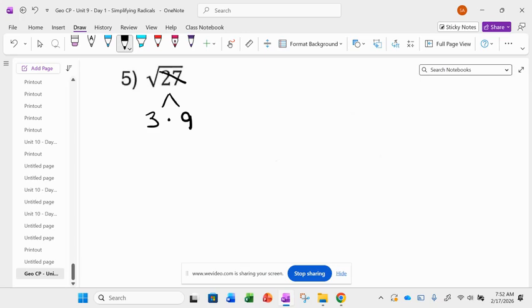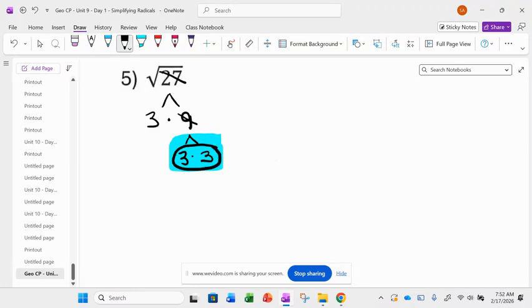So we're going to say 3 times 9. I don't have a pair, so we keep looking for pairs. Then I'm going to break down. I can't break down the 3, so I'm going to break down the 9. What's 9? 3 times 3. So now I'm going to circle a pair. We're looking for twins. We don't want triplets. We're not circling that last 3. We just want a pair of twins.